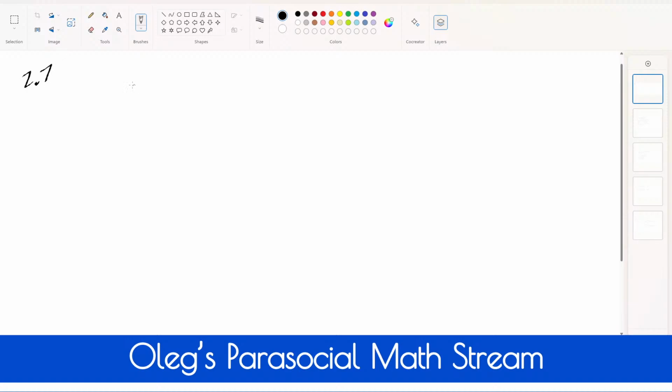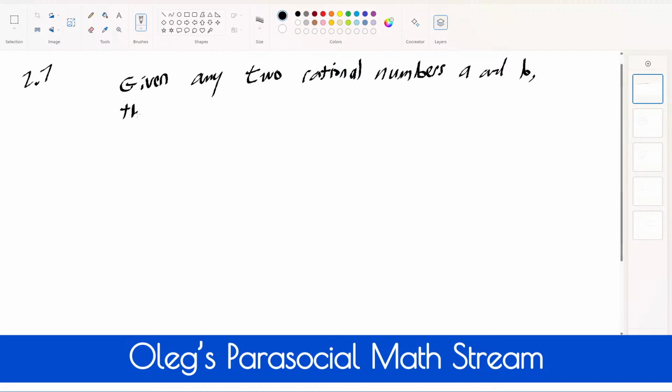Okay, so we're going to say this one. Given any two rational numbers, A and B, the product AB is rational.